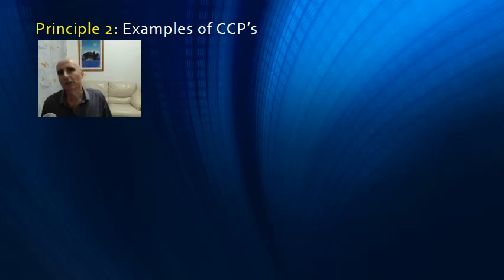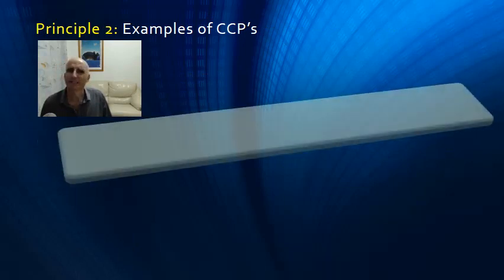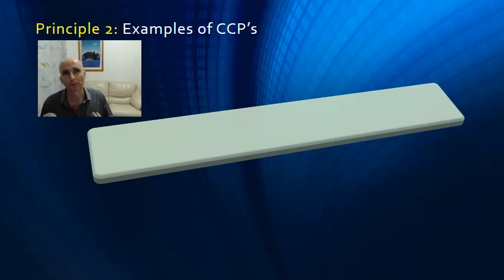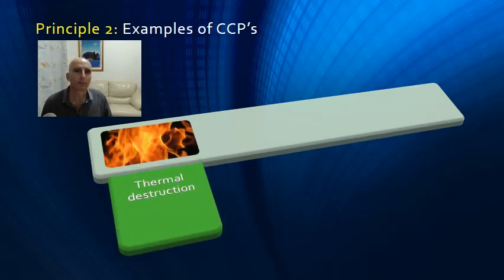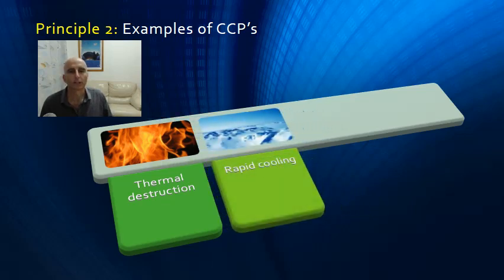So while you're sitting there in front of your template, you go, well, I don't really know. Give me some examples. So let's start with an example. First is thermal destruction, so actually heating food over 60 degrees, normally about 70, to kill all of those microbes. The second is rapid cooling.